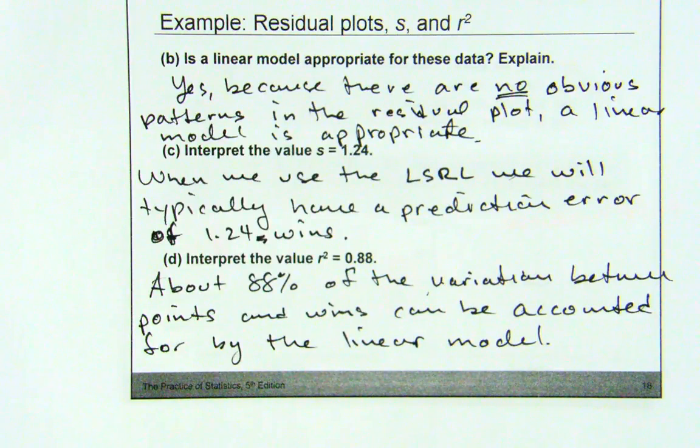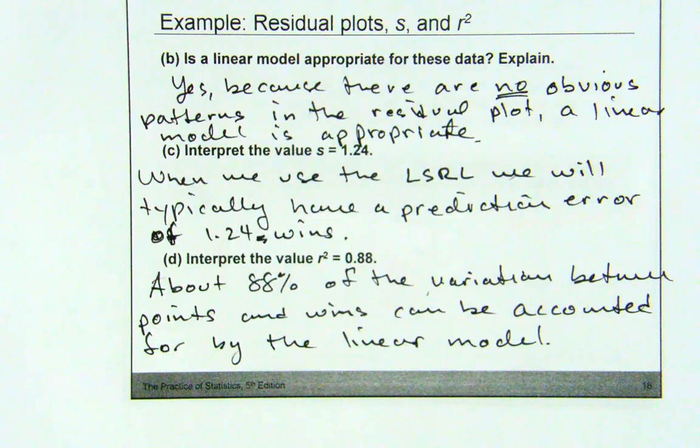I know this is bad, but I usually think of it like, okay, we're about 88% good on using our linear model to graph our data, but I know that's the totally wrong way to think about it. The good news is we're about 88% of the variation. So you want a high R squared. You don't want a low R squared.